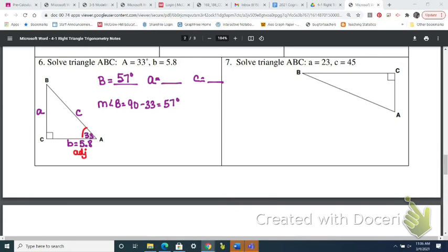Now, if I want to find A, I'm going to label that as my opposite. So what trig function uses opposite and adjacent? That is your tangent. So I'm going to say the tangent of 33 equals my opposite over my adjacent. So I will multiply both sides by 5.8. And I will get A is 3.8.